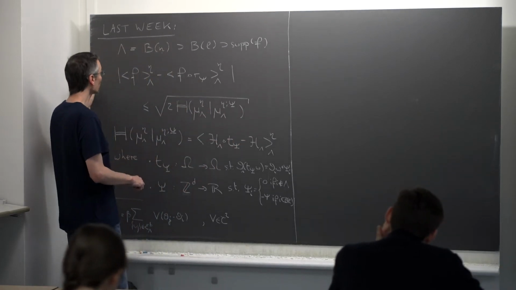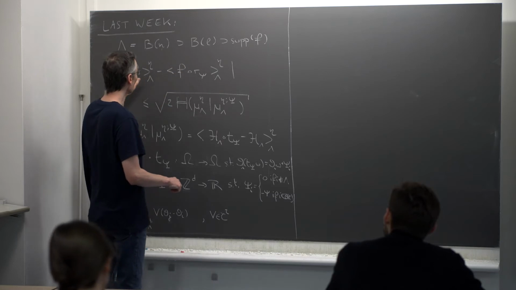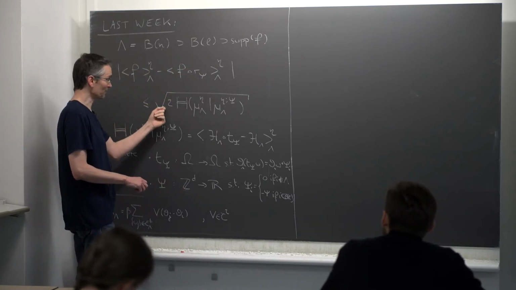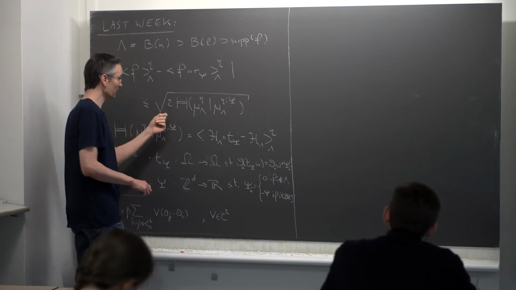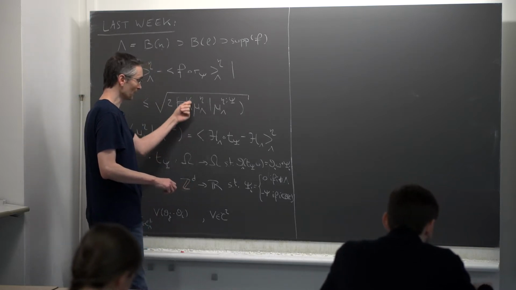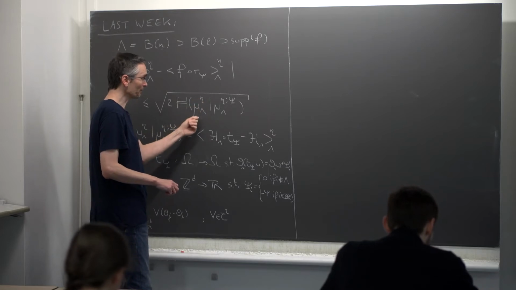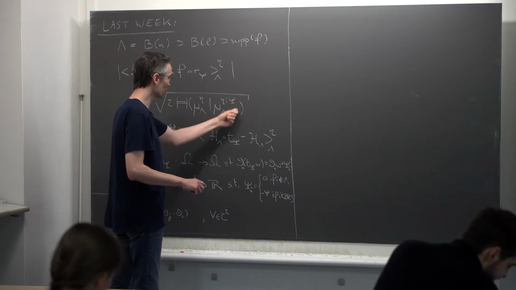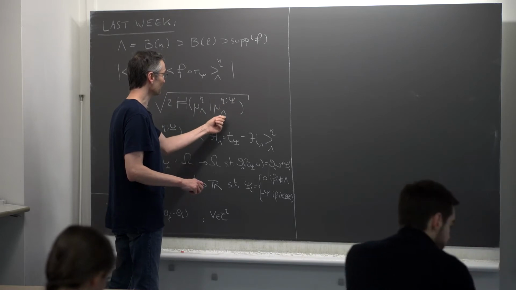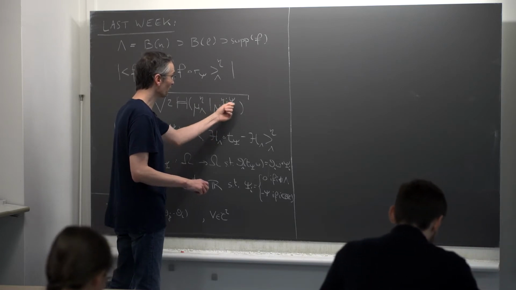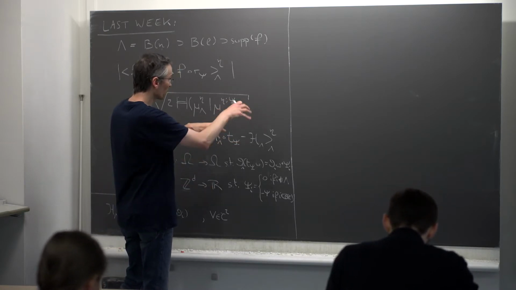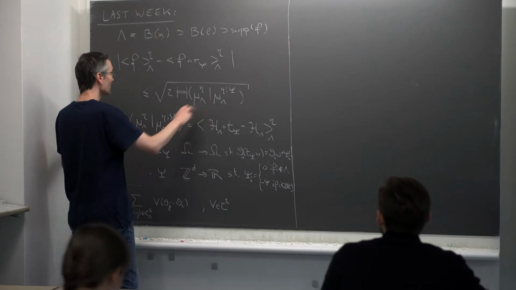Okay? And what we saw last week is that we could bound from above this difference by this quantity, which is the square root of twice the relative entropy between the Gibbs measure mu lambda eta and what I call the psi-deformed Gibbs measure, which was a measure where the Hamiltonian was modified by an application of an inhomogeneous rotation to all the spins in the lattice.